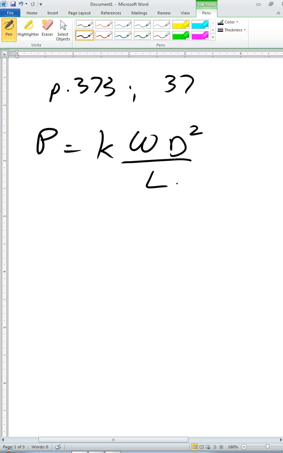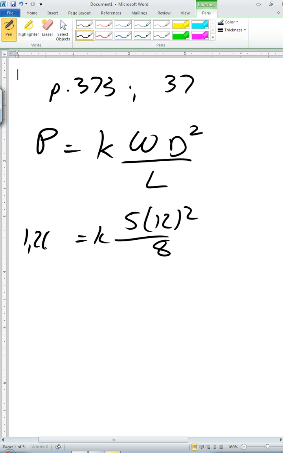Now it says a beam that has width of 5 and the depth of 12 and a length of 8 can safely hold 1,260 pounds. Okay.